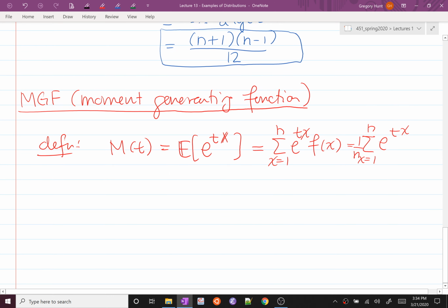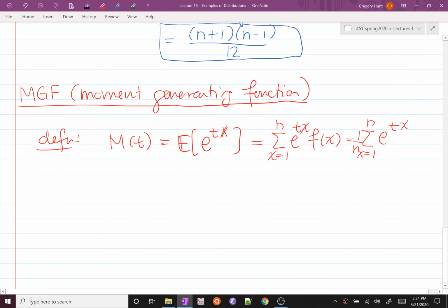And, okay, this is not the nicest formula, so let's see how we can get this into a simpler form. Let's just rewrite it. It's 1 over n, sum x goes 1 to n. I can put some parentheses in. This is e to the t, to the x.